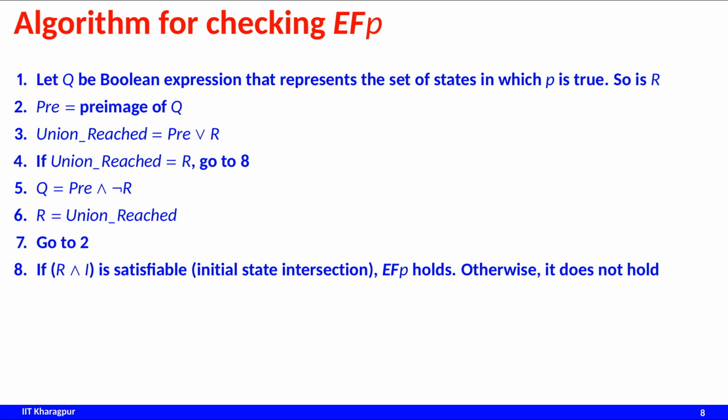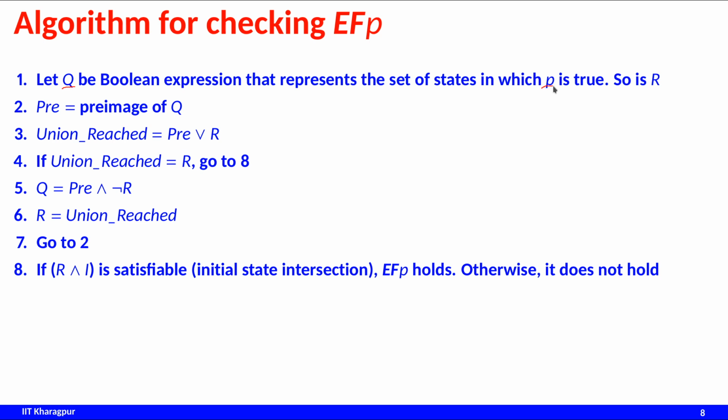Now once we have this Boolean function, the transition function, let's say we would like to verify the property EFP on a transition relation. Let's say Q is the set of states in which P is true.